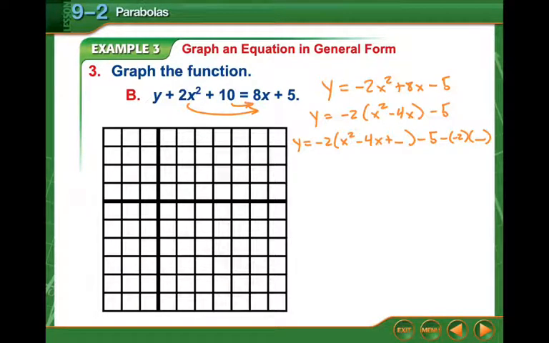Again, making sure we include our -2 that's out front of our other parentheses, otherwise something's going to be wrong. Now we need to find our blank number, which conveniently is the same as it was last time. So -2 squared, or 4.